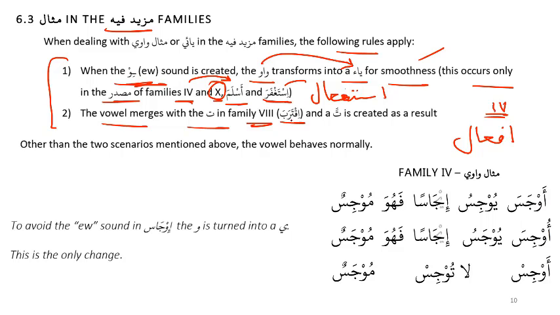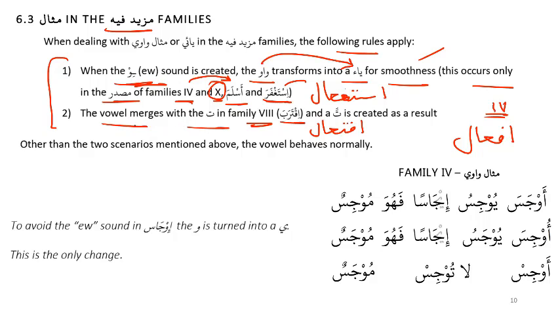Iqtaraba sounds like there's an alif kasra in the beginning and then a ta in the middle. Ijtanaba yajtanibu ijtinaban. So this is bab iftial. So we need to learn these babs.